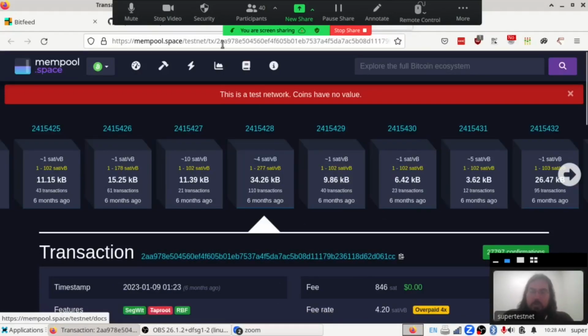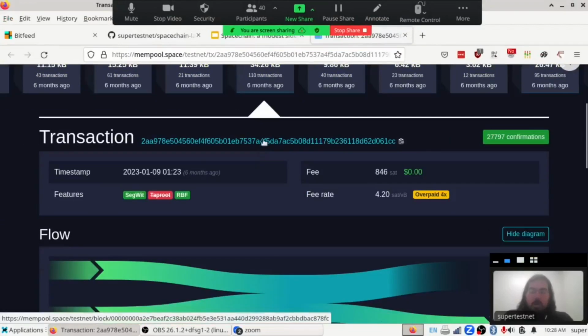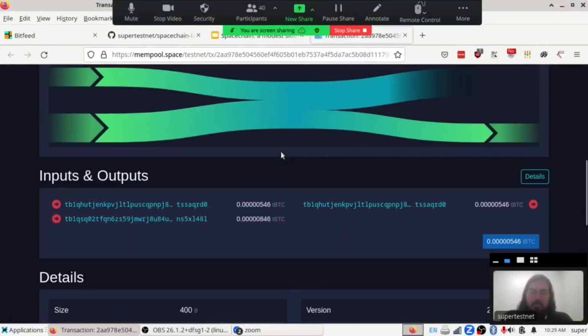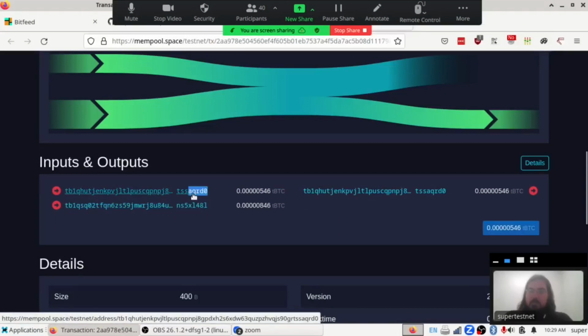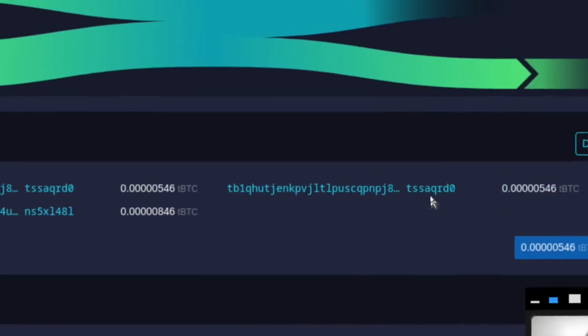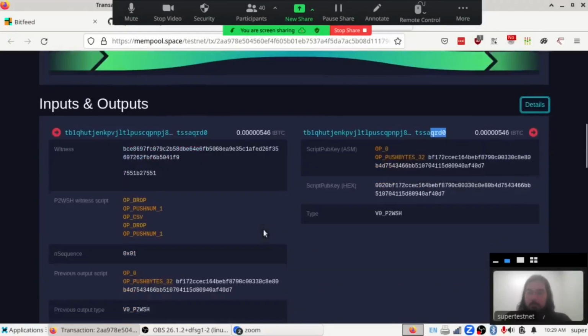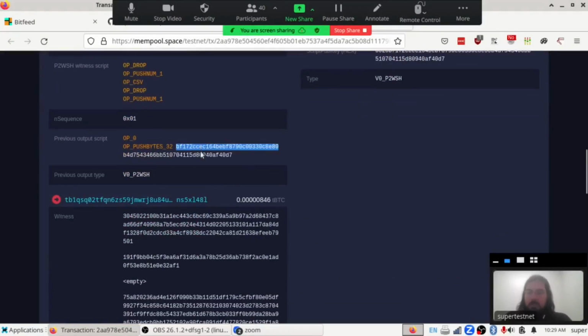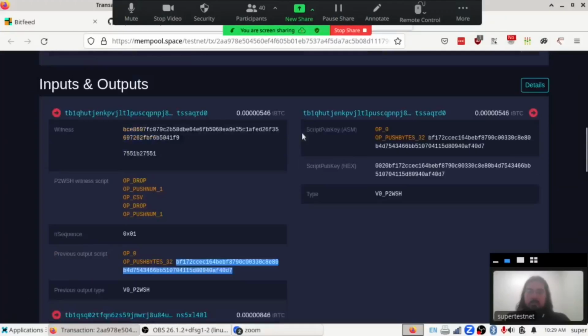So here's the one that I created on Bitcoin's testnet network. This is a block, and within it there's a transaction here, and this one spends from the address QRDO there and into the address QRDO. This one doesn't use op returns to publish the data, but rather uses witness data. So there's a 32-byte witness data right there that corresponds to the hash of the sidechain block.